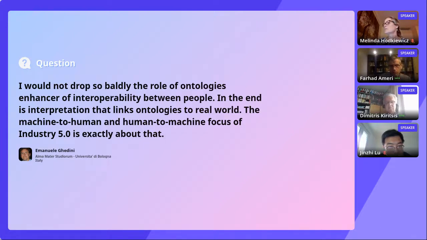Can I have a go on that? Yes, please, of course. Yeah, sure. In fact, exactly, that's really something we need. A human in the loop is required. The problem with some of the ontologies that we have seen is that they are mainly designed for humans, ignoring machines. So we say, okay, now we should have human and machine together.